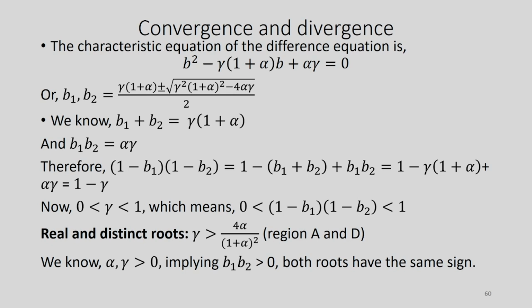First, we look at the characteristic equation, right. We are trying to find the complementary functions. For that, we have to look at the characteristic equation. This is the characteristic equation. From this, we get these roots B1 and B2.